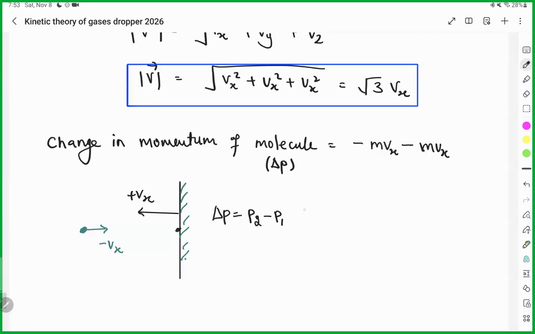Final minus initial. If you take the final velocity as vx positive, minus the initial, which is minus mvx, then what will the change in momentum be? 2mvx. This is how you calculate it using Newton's law of motion. Whenever you find the change in momentum, it will double if the velocity is the same and it comes back at exactly a right angle. Any doubt in this?